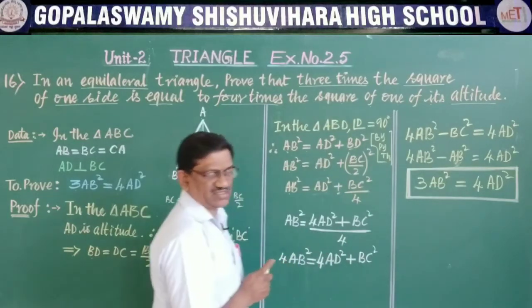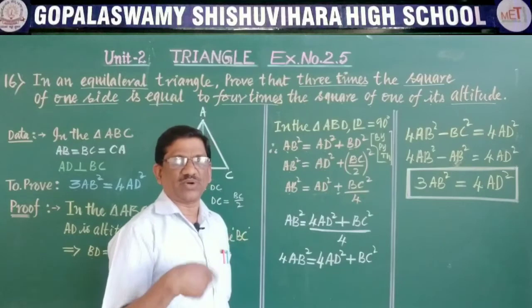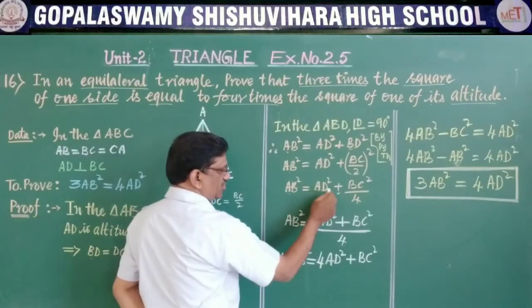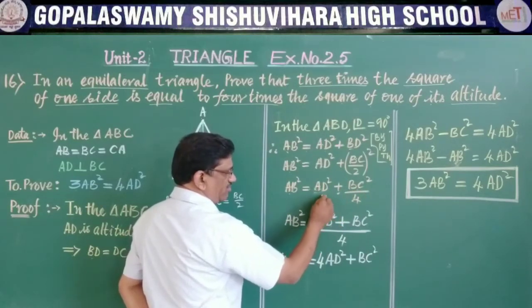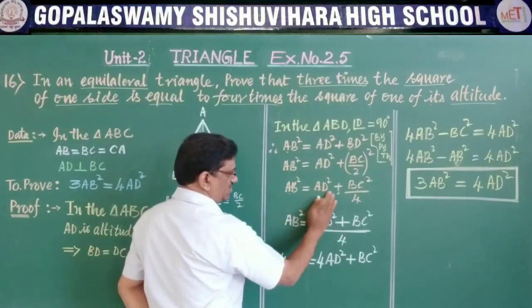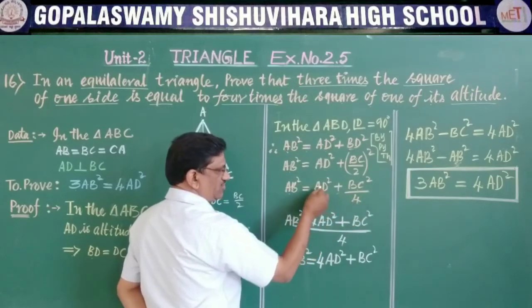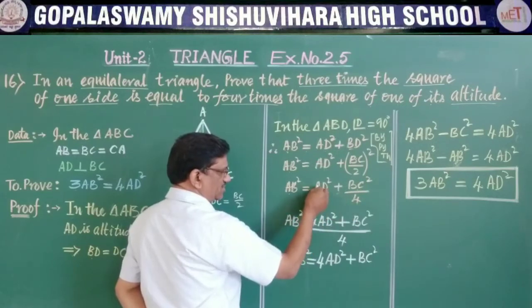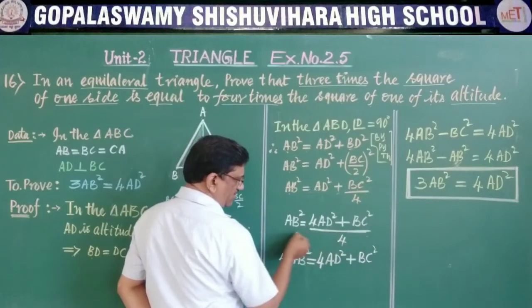How you convert a mixed fraction into an improper fraction, in the same manner here also, in the addition of fractions where one of the terms has denominator 1, we can multiply directly the denominator of the second fraction with the numerator, that is AD square.